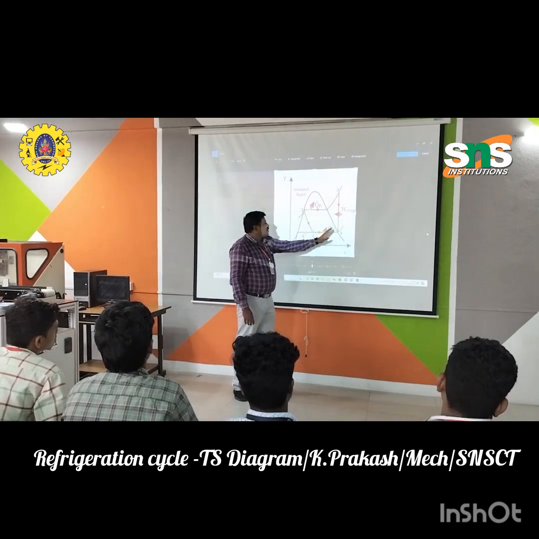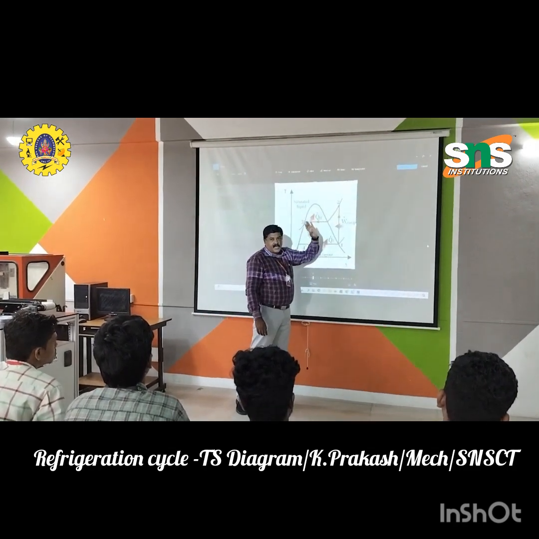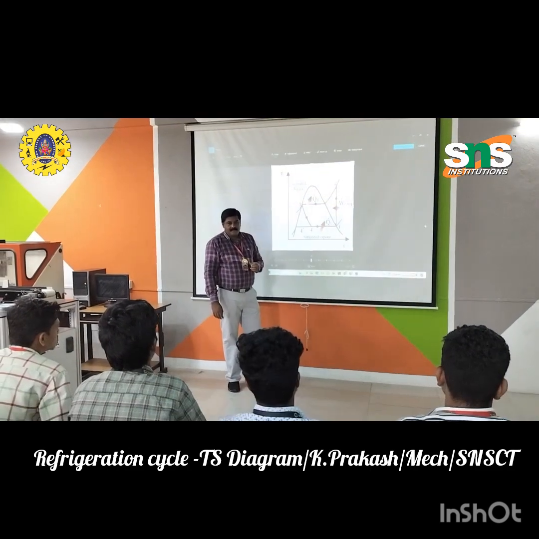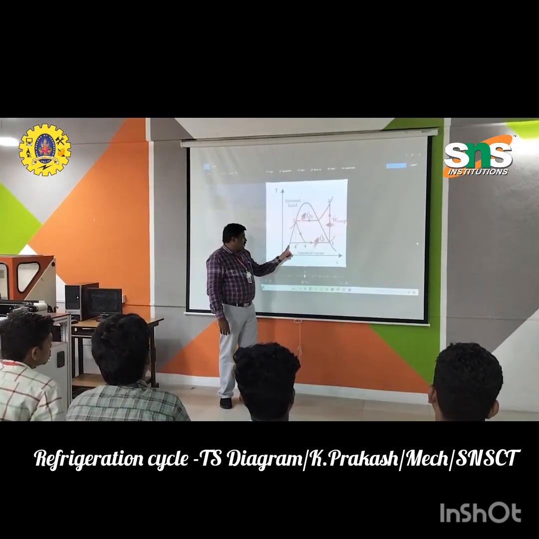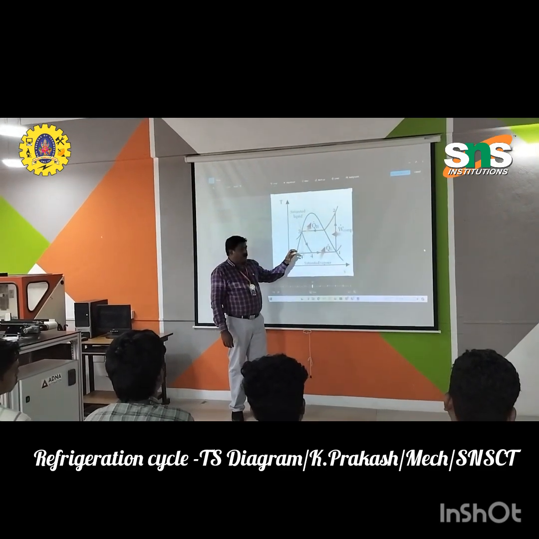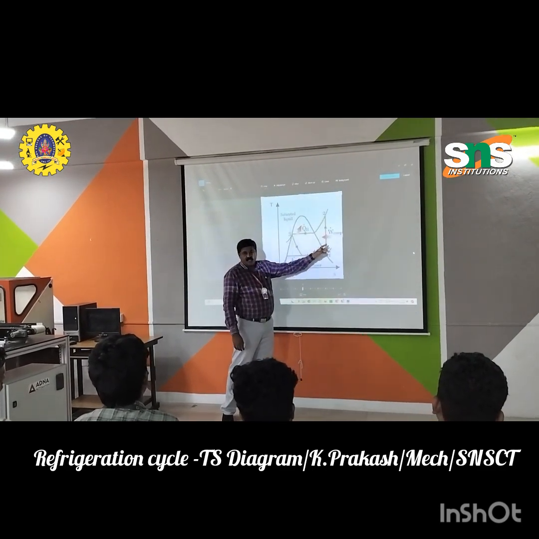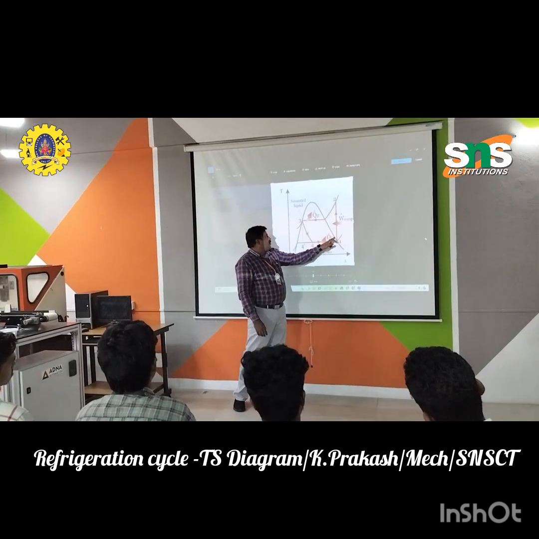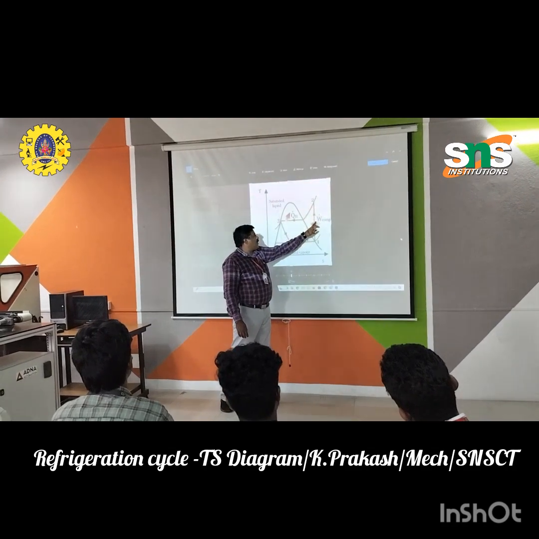In which area is this line located? Superheated. Why? Because here the heat is absorbed and it becomes steam, superheated steam. That is why the line is here.